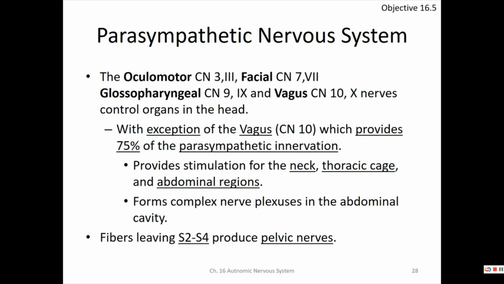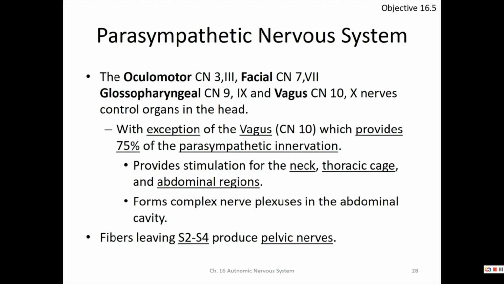75% of parasympathetic innervation is the vagus, and the vagus goes around. That's where it gets its name. He wanders to the neck, the chest, the abdomen. Why is it called the vagus nerve? He's a vagrant, a vagabond, a nomad, a wandering nerve. What happens in the vagus nerve does not stay in the vagus nerve. The rest of the fibers are S2 to S4 pelvic nerves, okay?